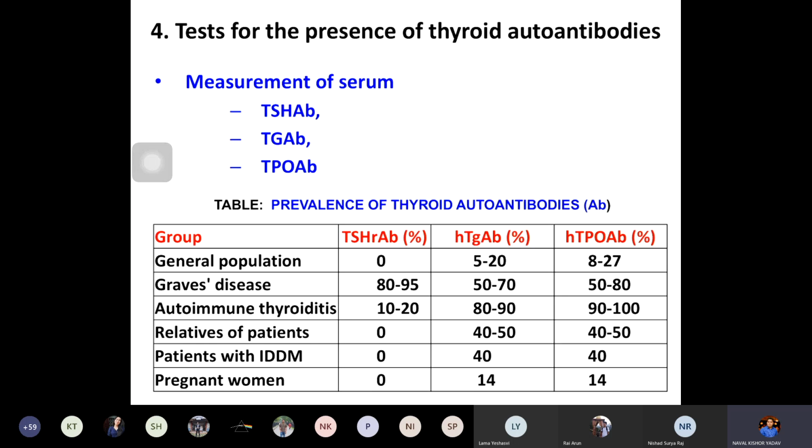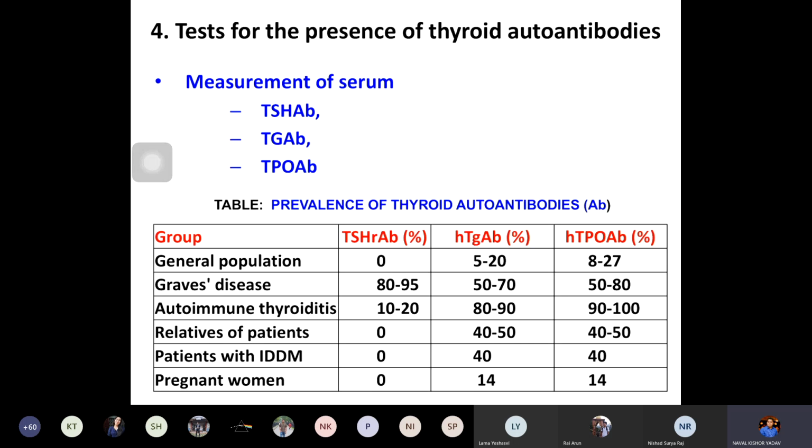Even the antibody produced against thyroglobulin you can measure, and similarly the antibodies produced against the enzyme known as thyroid peroxidase. Against that also, an autoantibody can be produced in some conditions, so you can measure that.